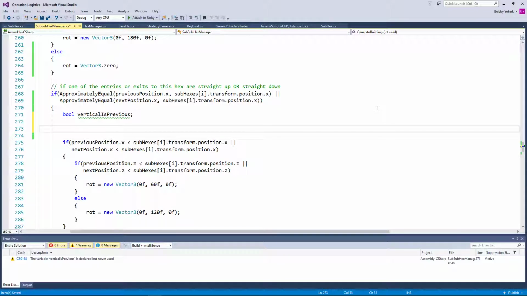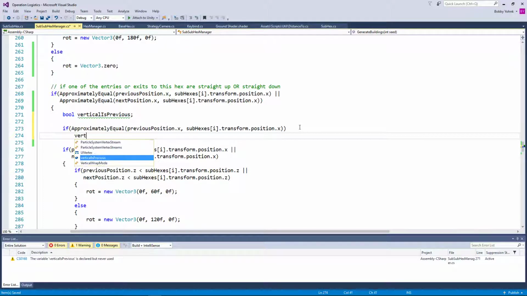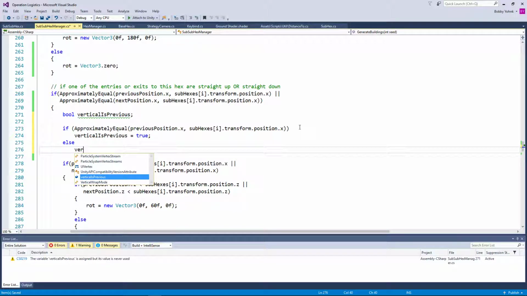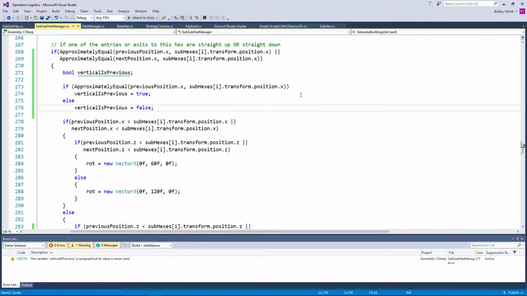And so at this point, we'll go ahead and rerun this check, if approximately equal. So if our previous position is the one that is vertical, verticalIsPrevious equals true, else verticalIsPrevious equals false. Okay, so that's now being set. We now know which one is vertical.